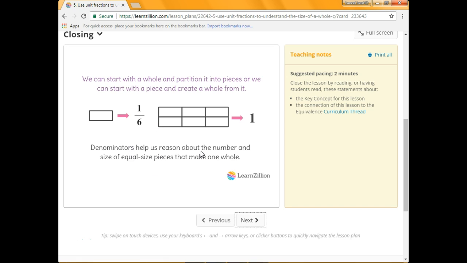Denominators help us reason about the number and size of equal size pieces that make one whole. So this is 1/6.